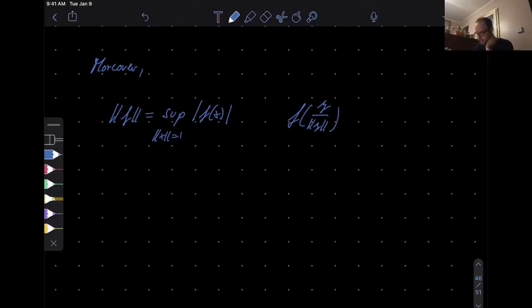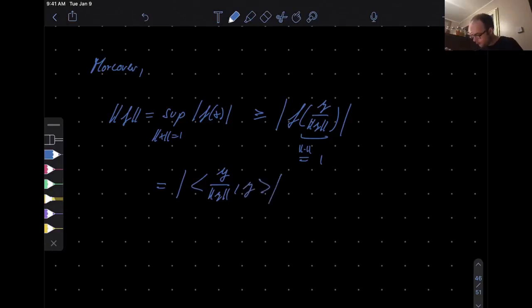Okay, yes, like this. So this one here, since it is a vector of length 1, is at most equal to the supremum, of course only in complex modulus or absolute value. Okay, so this is true. And now you just use the representation formula again. So this is equal to the inner product of y with, well, the same y, okay?